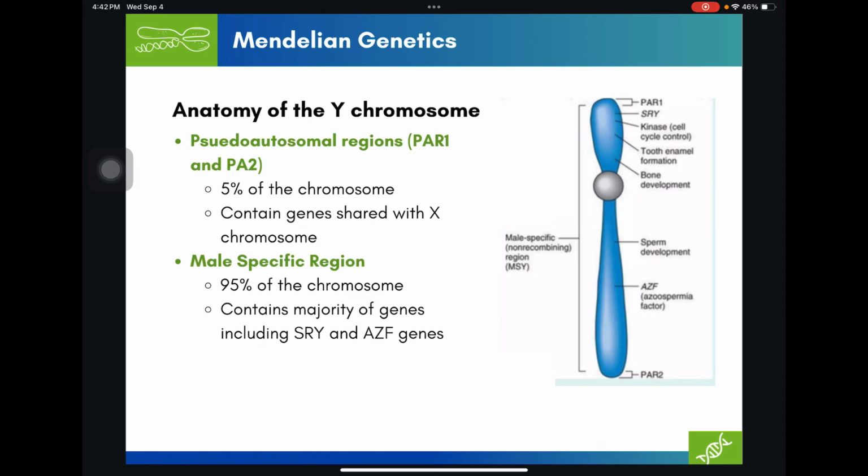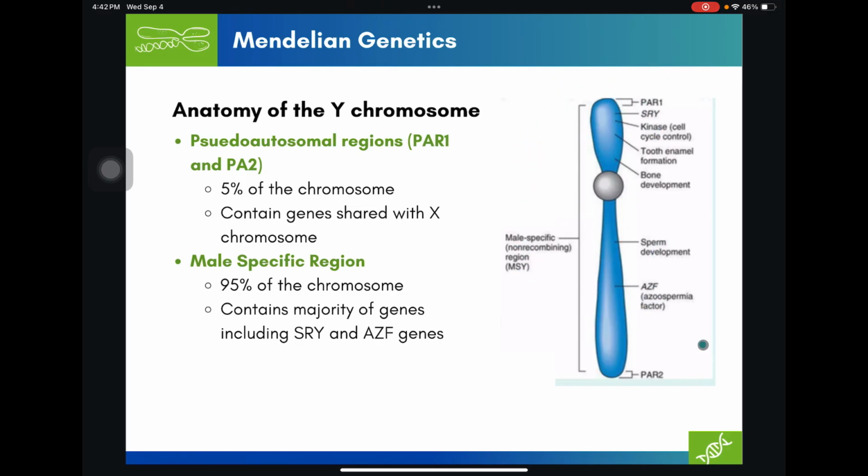The Y chromosome actually contains the PAR1 and PAR2, or the pseudo-autosomal regions. As you can see, this takes up about 5% of the region of the Y chromosome. They contain genes shared with the X chromosome.